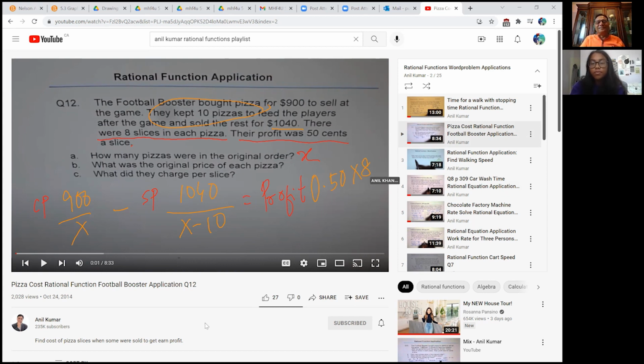You get your equation: 900 over X minus 1040 over X minus 10 equals $4. And you can solve for the single variable X in this equation. Does it make sense to you? That is how, so you got the knack of it.